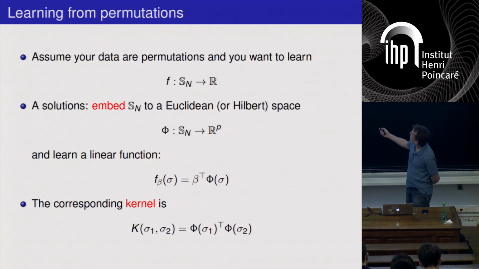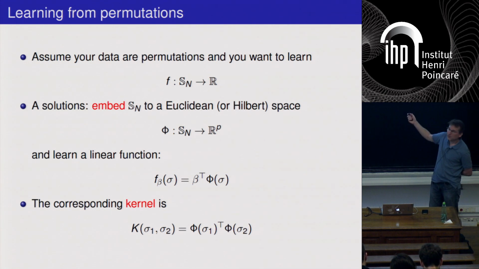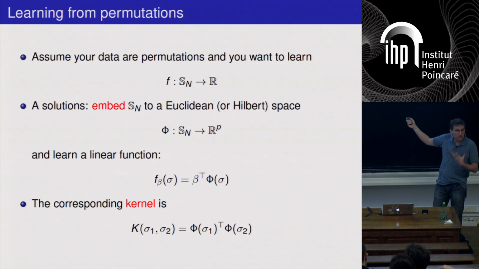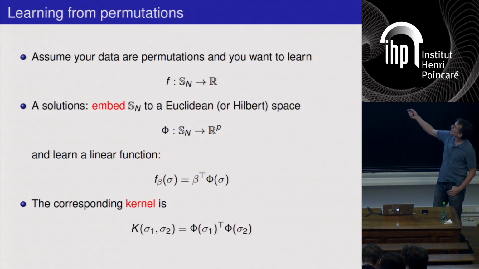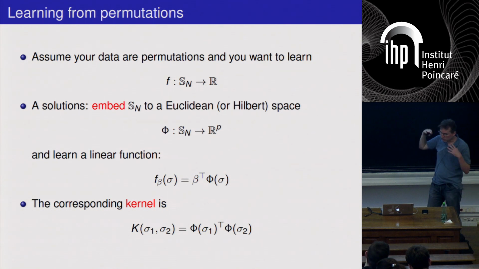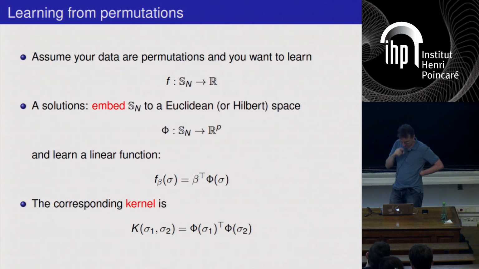Right, so I will try to keep the notations where sigma would be a permutation, and we'll discuss how to create a mapping phi. The space of permutations is discrete, right? So it's still possible to talk about a mapping phi that transforms any discrete permutation to a vector of dimension p, and then we'll focus on linear models if we want, even though I will not insist on the linear model itself.